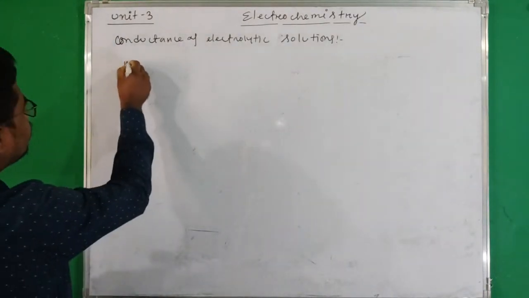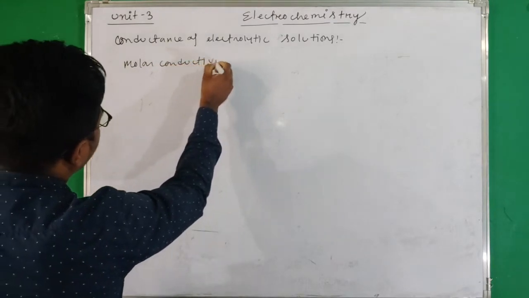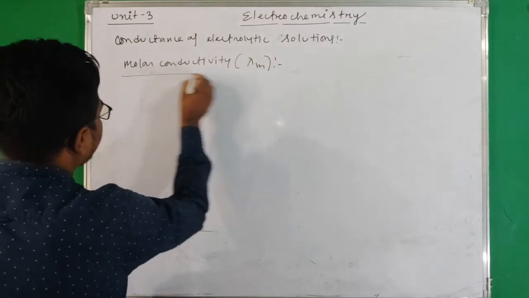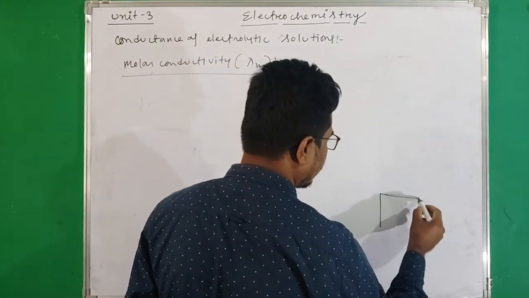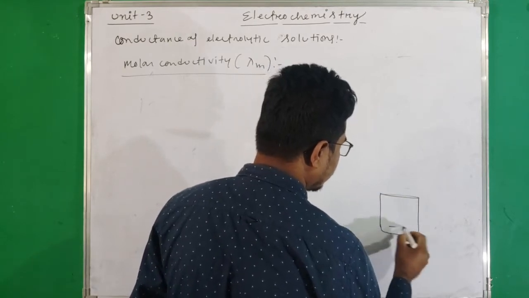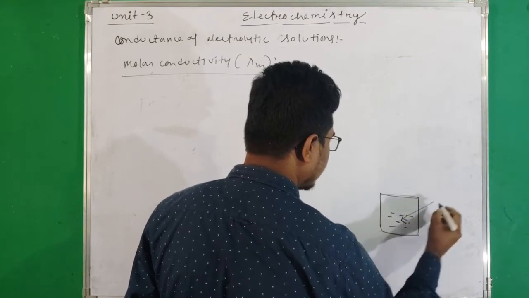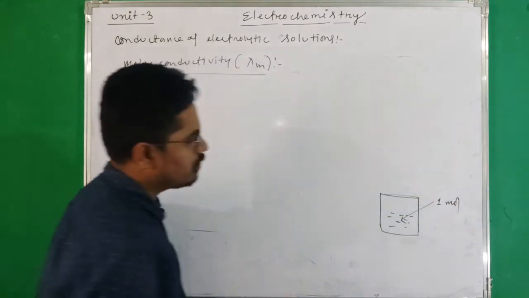So molar conductivity is represented by lambda m. We have one electrolytic solution and the amount of solute present in it is 1 mole.